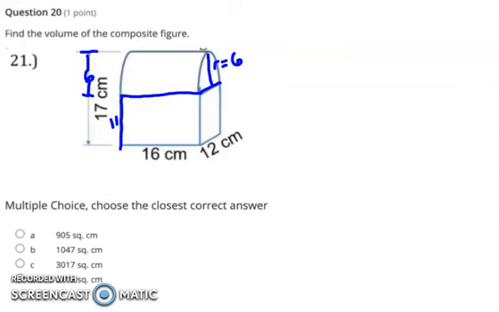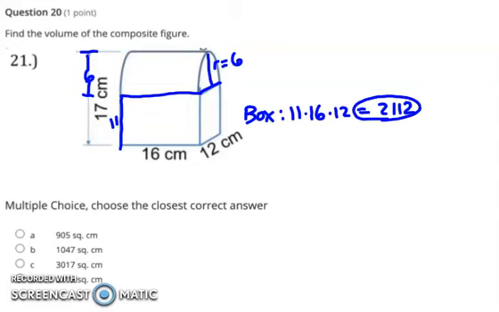So now we can get the area of the bottom, okay, the box on the bottom, okay, the volume of that is just going to be 11 times 16 times 12, length times width times height. So that's 2,112. Okay, we need this number.